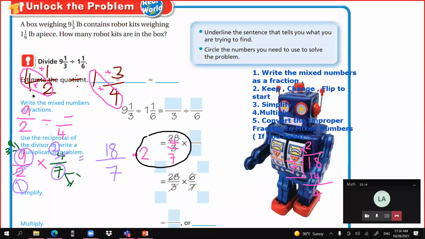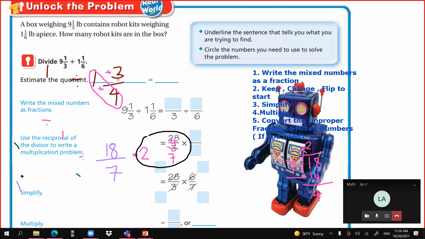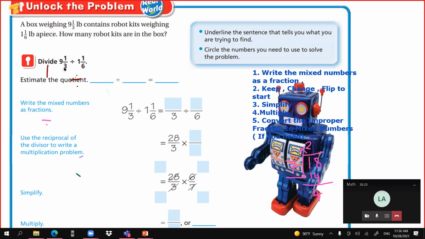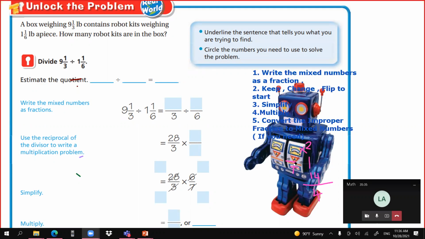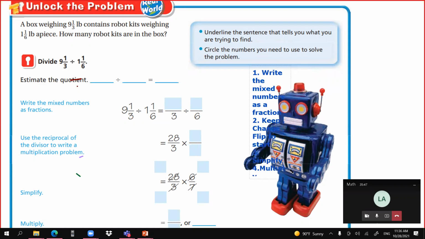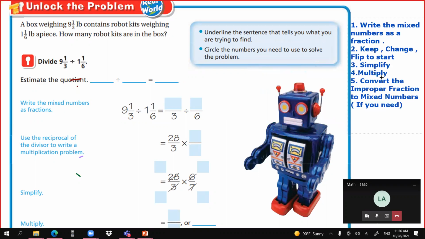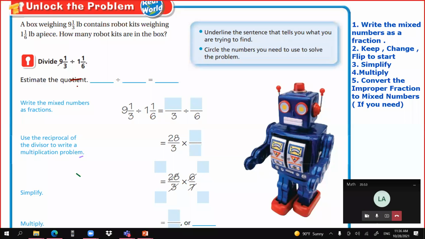Now let's solve another example. Now, we have 9 and 1 over 3 divided by 1 and 1 over 6.